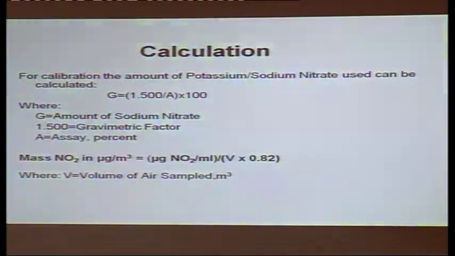For calibration, sodium nitrite can be used. You put the sodium nitrite into an oven for dryness and take 1.5 grams according to its assay value, whether 99%, 97% or 98%. That amount is to be dissolved into 1 liter.